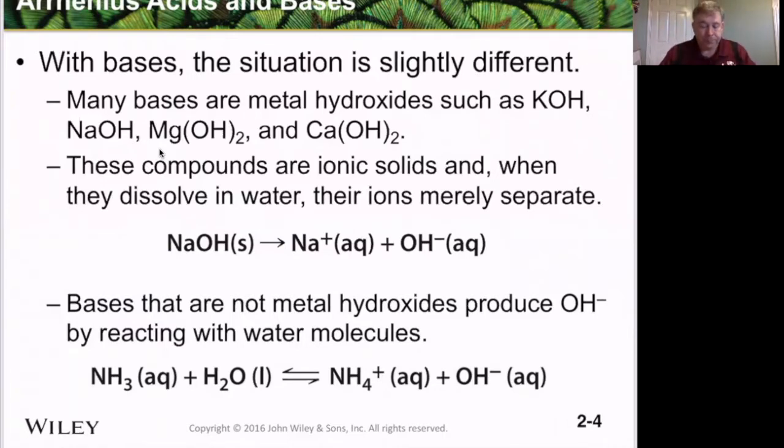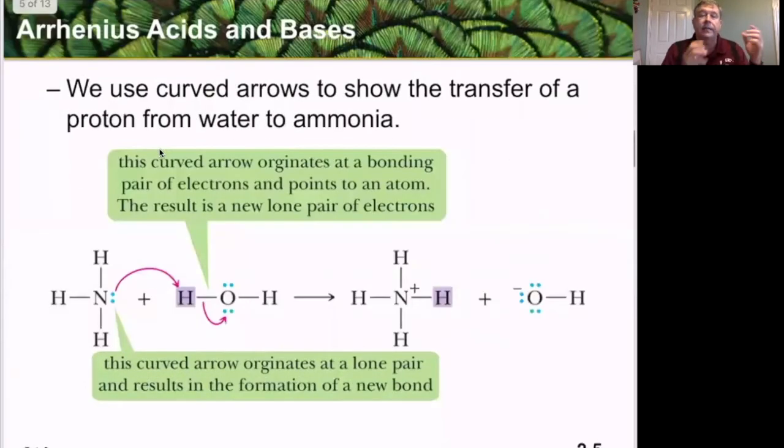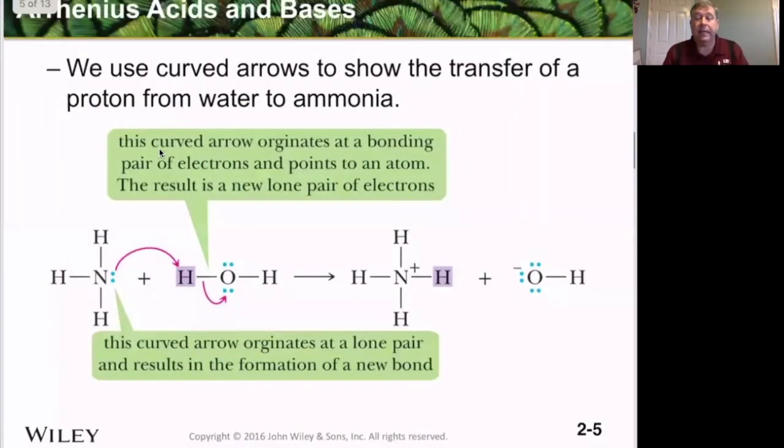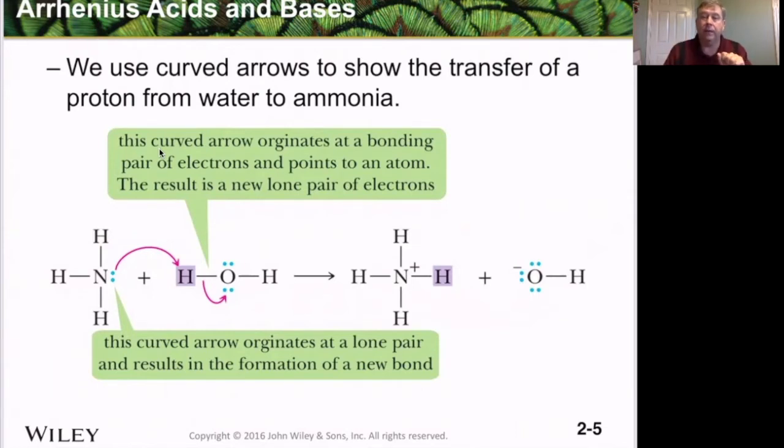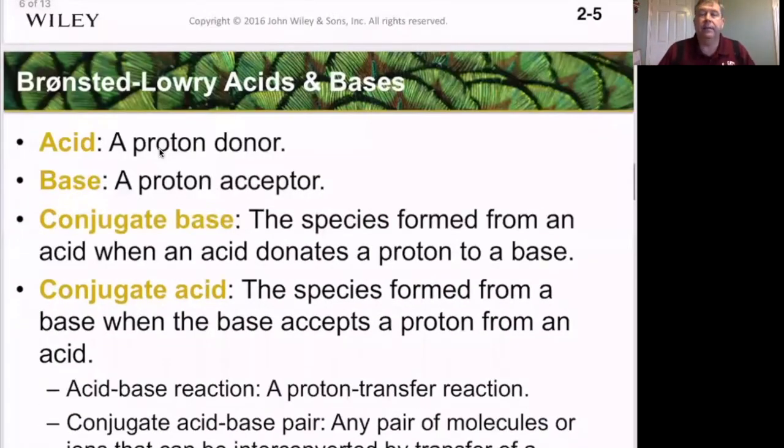In all cases, when we react an Arrhenius base with water, we end up generating a positive counterbalancing charge. In this case, ammonia forms the positive charge as the ammonium cation, but we still generate the hydroxide, making it a true Arrhenius base.